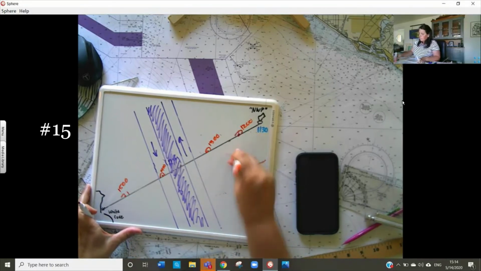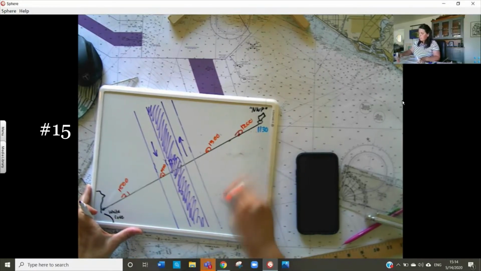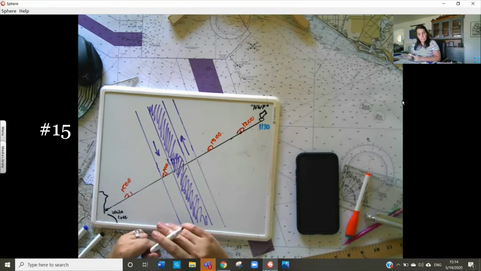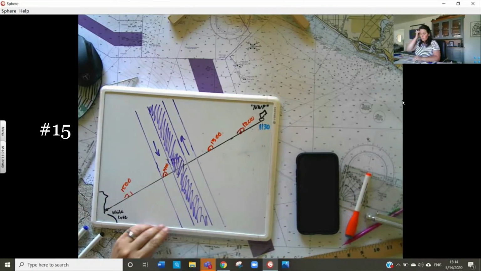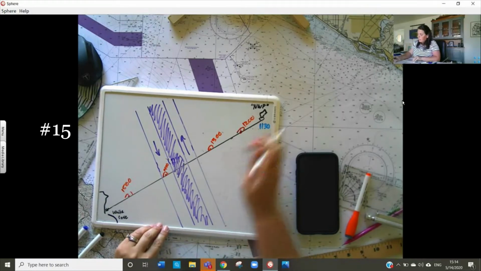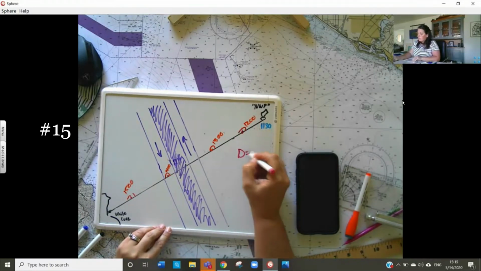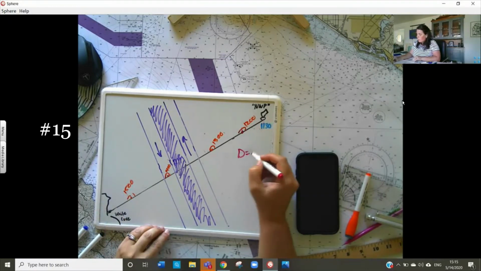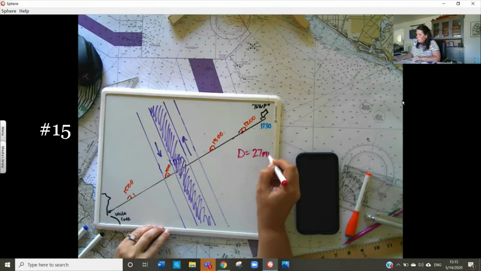And 15 asks us what is the ETA to our final destination in White's Cove. So we had calculated our distance from NWP to White's Cove to be 27 nautical miles. We know our speed is 6.5.